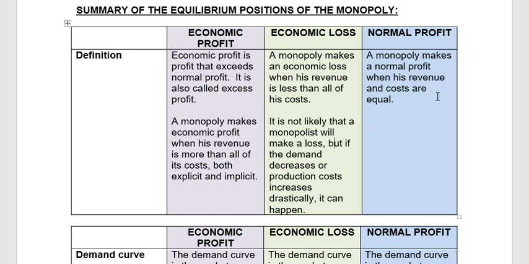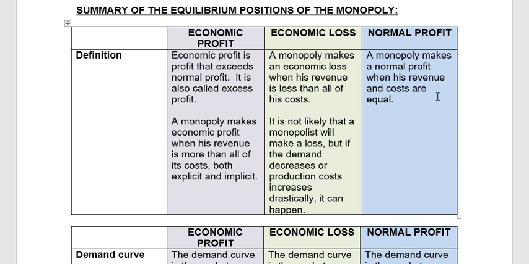In terms of the normal profit, like any other market structure, the monopoly will make a normal profit when his revenue and his costs are equal. So when he basically breaks even, his revenue equals his costs. Just remember, his total cost includes his implicit cost, which is his normal profit.